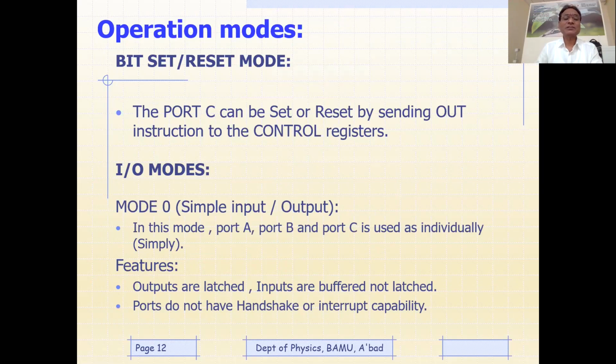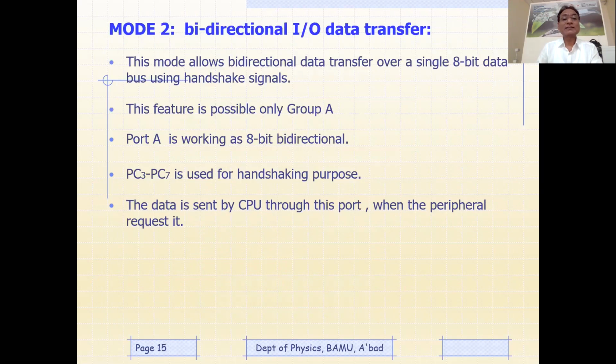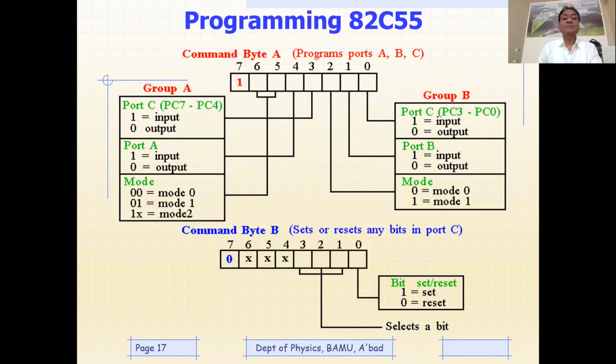And then we talked about the two main operations of 8255, bit set reset mode and IO mode, and what these three modes are all about. We also discussed today how to program 8255, how these 2 words can be configured, command byte A and command byte B. So there are 2 different modes, IO mode and BSR mode, and we have discussed how it is to be programmed. Now in the next lecture, I'm going to stop here today.